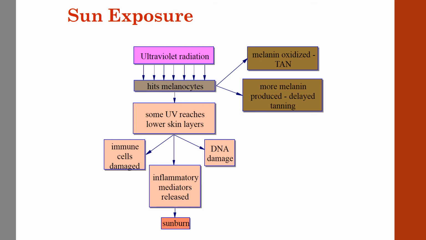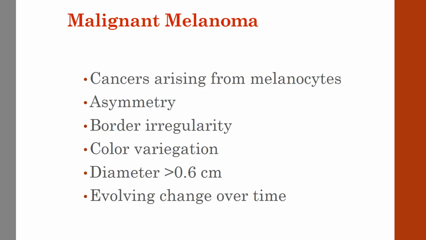When ultraviolet light goes into deeper tissues, it causes damage by A, DNA damage, and B, inflammation, which is basically sunburn. And also there is some immune cell damage. But your main concern with cancer is the skin damage through DNA damage.